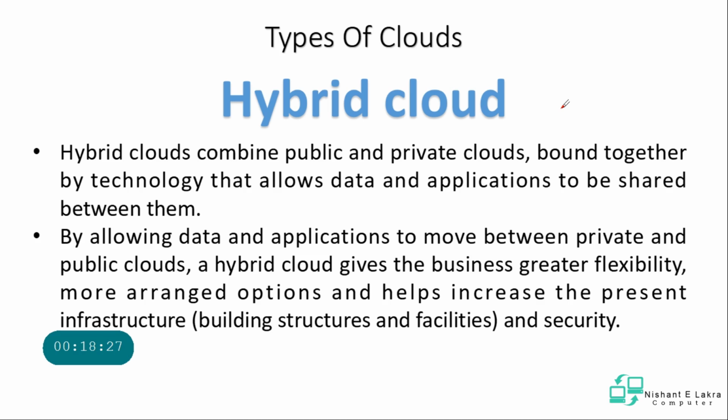One very nice thing about hybrid cloud is that it provides flexibility, because there will be more people, more projects, and the project can be more vast, because both public and private clouds are combined here.